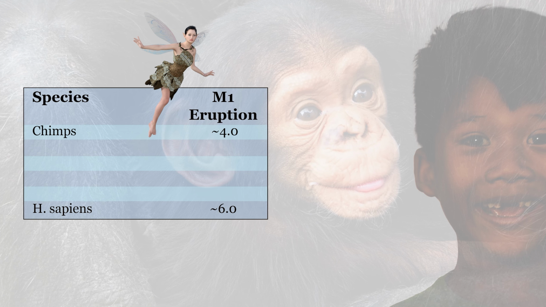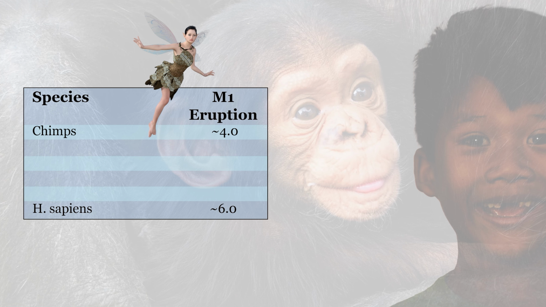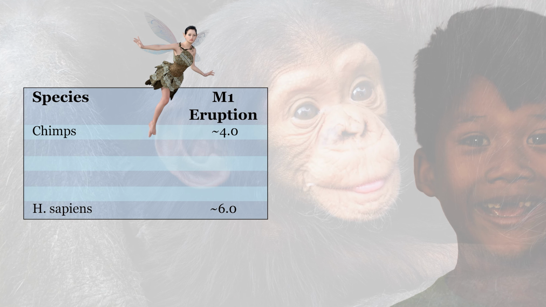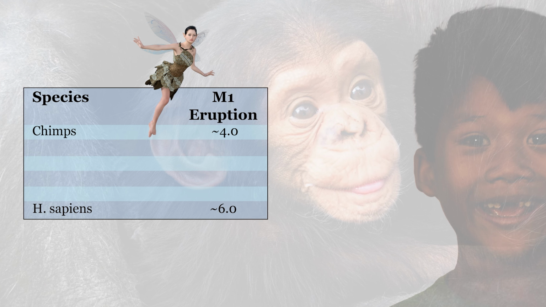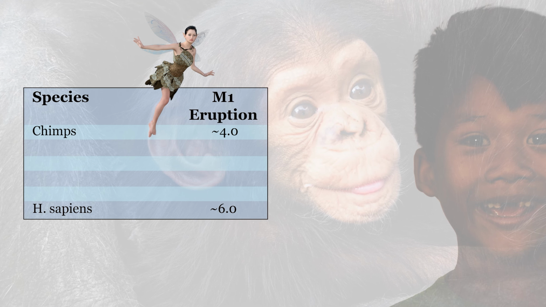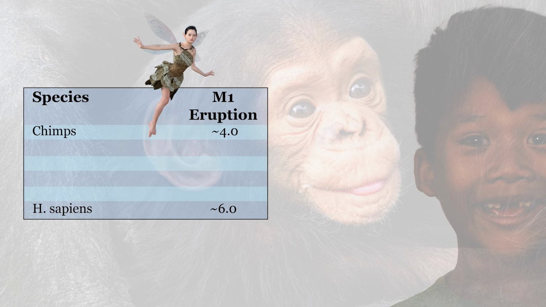It's this point in our life history that we're talking about, where the tooth is lost and then the adult first molar makes its first appearance. So keep those two numbers in mind. At 4 years, chimps' first molar appears, and in humans, on average, it's at 6 years old.